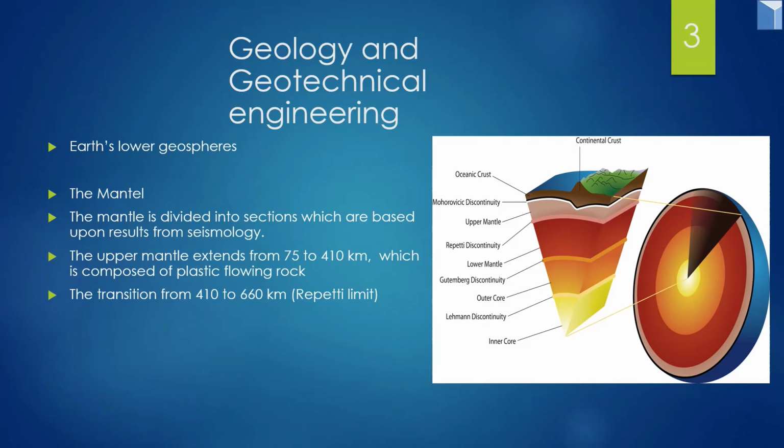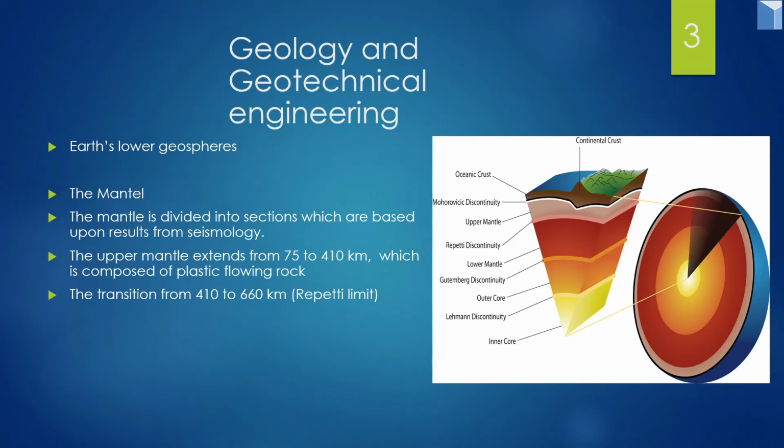The transition zone between these two parts of the mantle starts from 410 kilometers to 660 kilometers, and we call it the Repti limit, or Repti transition, or Repti discontinuity.